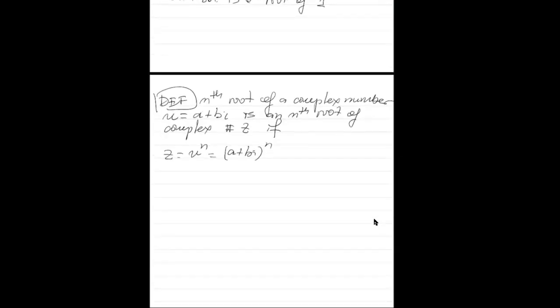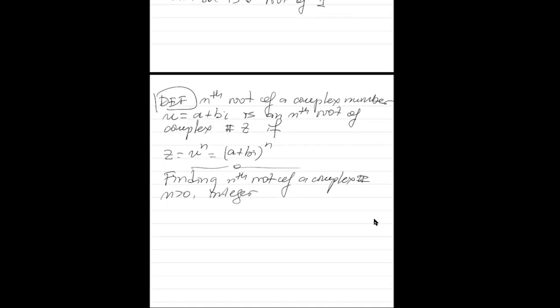Finding the nth root of a complex number. Now that's important. How to find the nth root of a complex number. N is a positive integer. That means square root, cube root, and so on. Here's a number z written in the trig form.